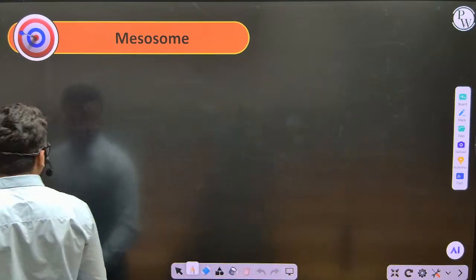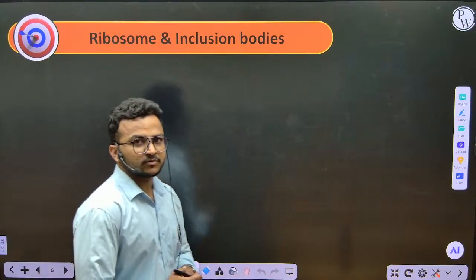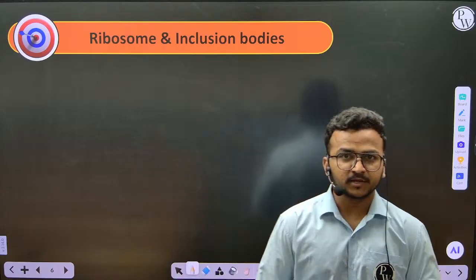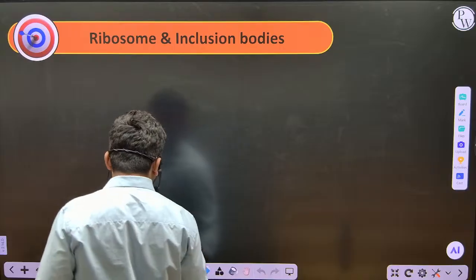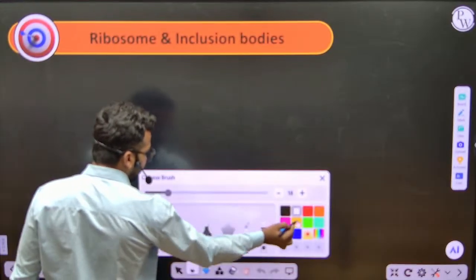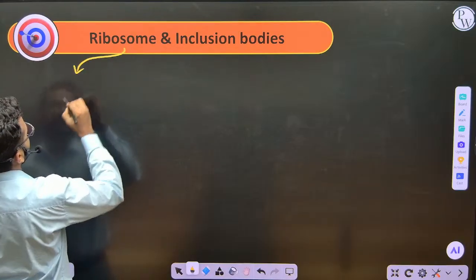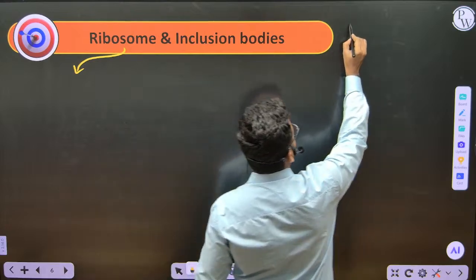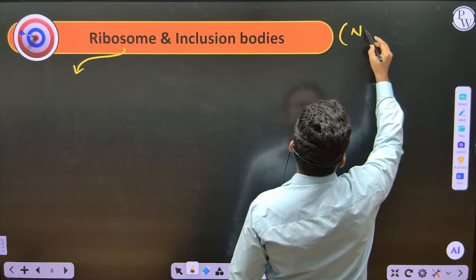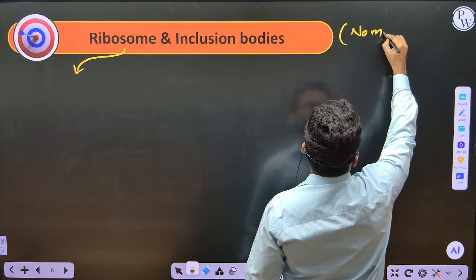So yesterday we discussed the cell surface appendages also. Coming to ribosomes and nuclear inclusion bodies, we have started with ribosomes. Here, ribosomes are not membrane-bound organelles. Both of them have no membrane.